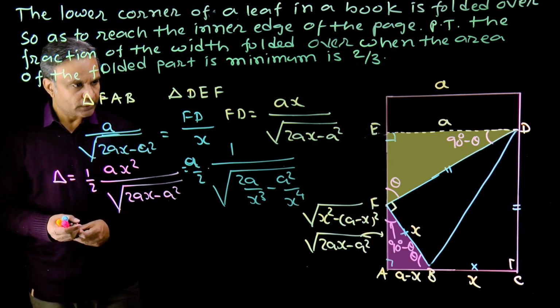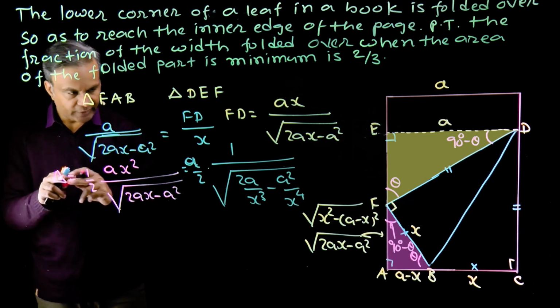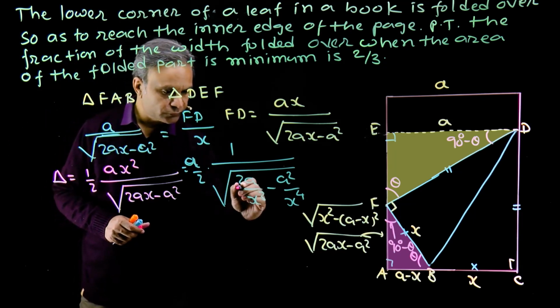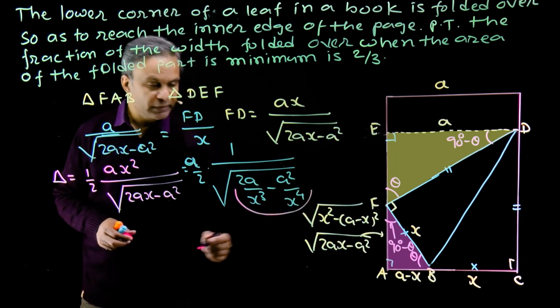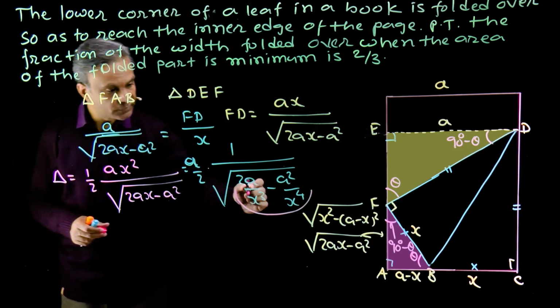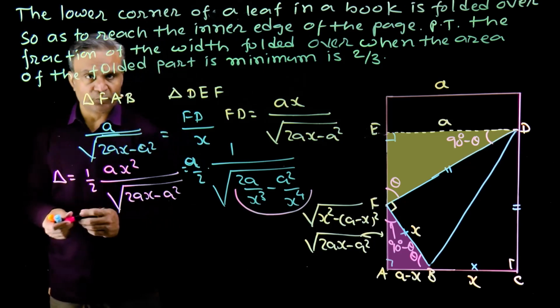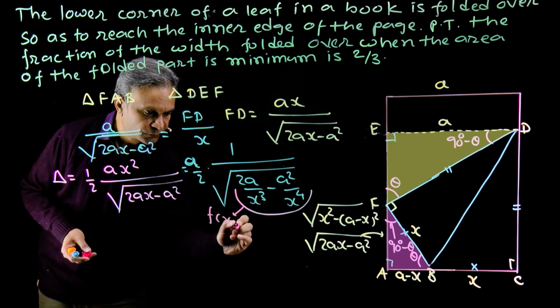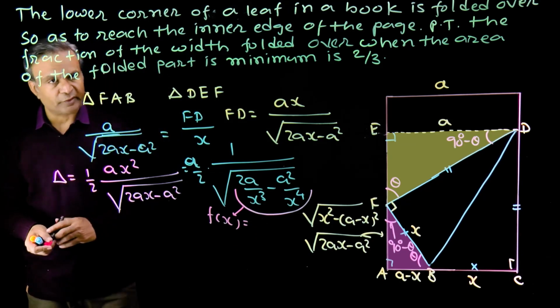Now the minimum value of this function will occur when the value of the other function will be maximum. So we consider this function, suppose this is function f(x), and we will find the maximum value of this function.